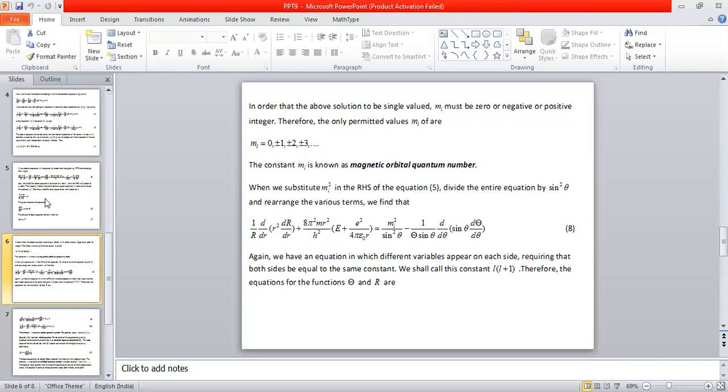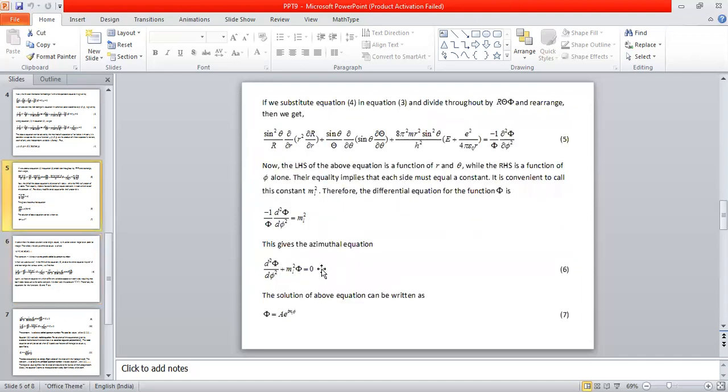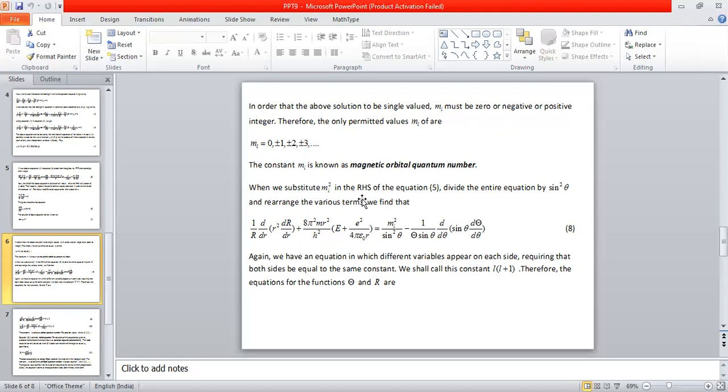So we can conclude that the azimuthal equation of the hydrogen atom, equation 6, introduces one quantum number, and that quantum number is what we call the magnetic orbital quantum number, M subscript L. It is one of the important quantum numbers associated with the hydrogen atom. I'm not going to discuss the whole set of quantum numbers associated with the hydrogen atom, but I'm going to show that there are two more important quantum numbers.